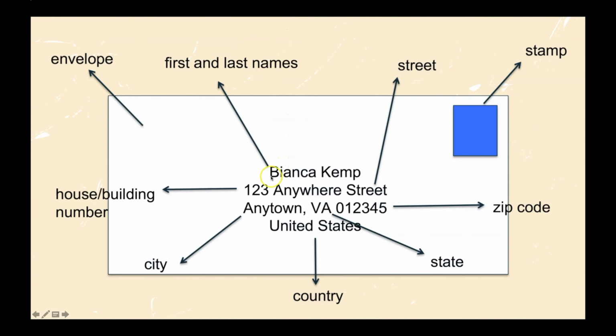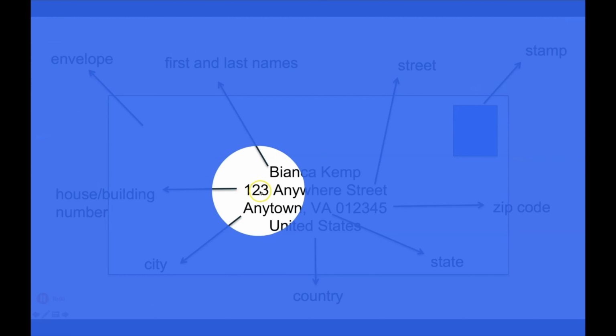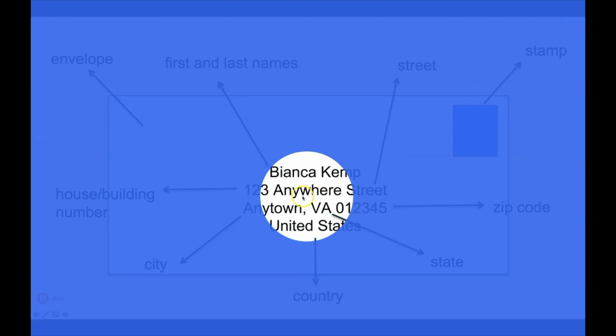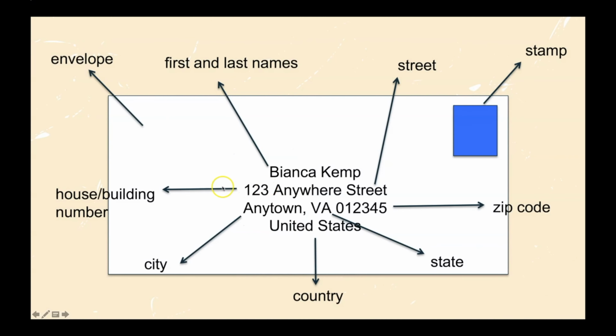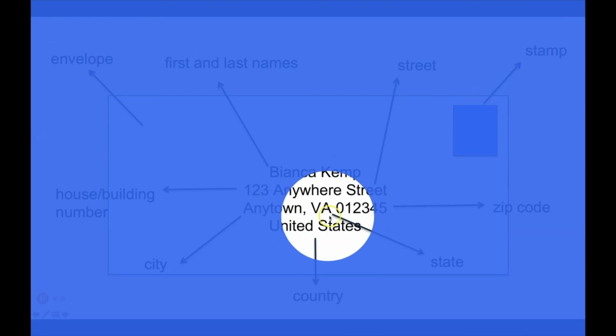This is line 1. Now we move to line 2. Okay? So lines 2, 3, and 4 have what we call an address.